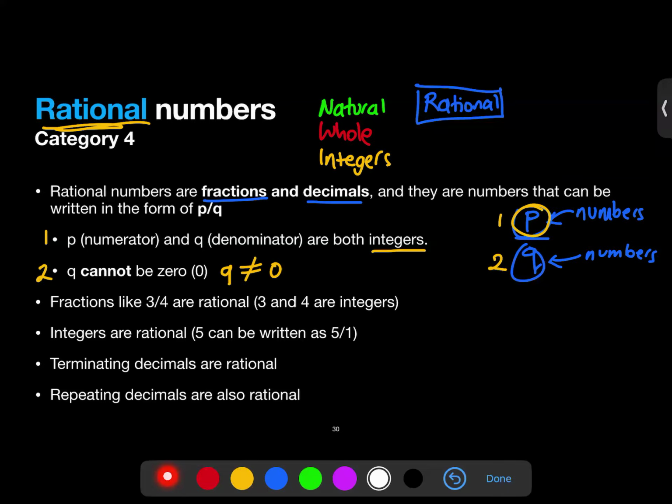So for example, 3 over 4 is an example of a rational number because 3 is an integer, correct? And 4 is also an integer. Integers themselves also are rational, right? 5 is an integer, correct?